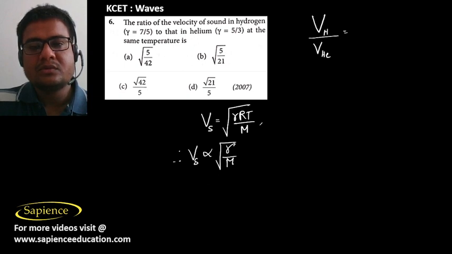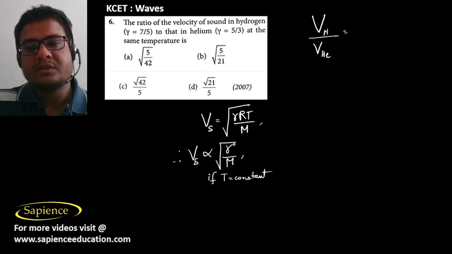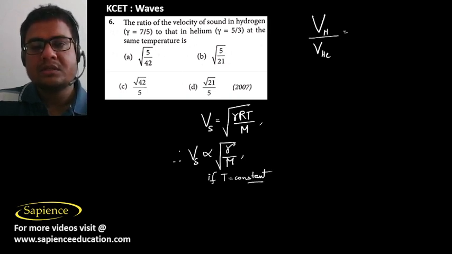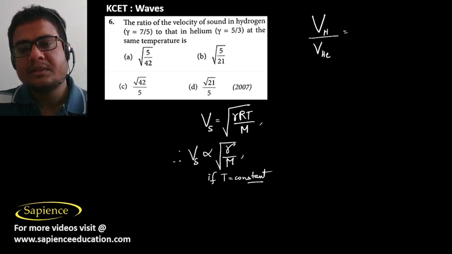So that is proportional to γ by M if the absolute temperature is constant.